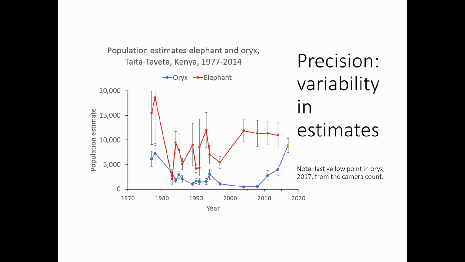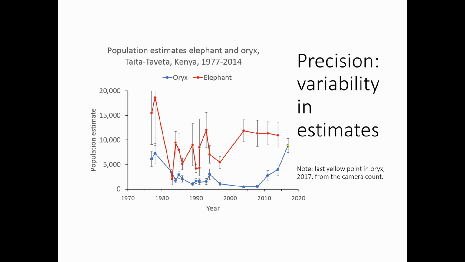You can see the error bars on this estimate are very high. Look at the red one, the elephants. Those numbers are up and down, up and down. If you were to ask whether the numbers in Tsavo are increasing or decreasing, you'd be quite challenged to say which way they are going. What is the trend in that?